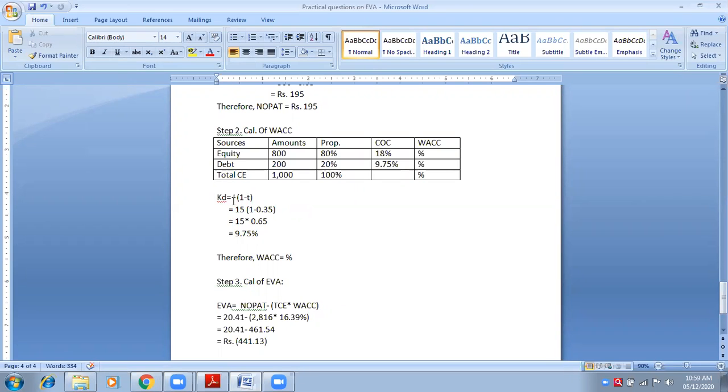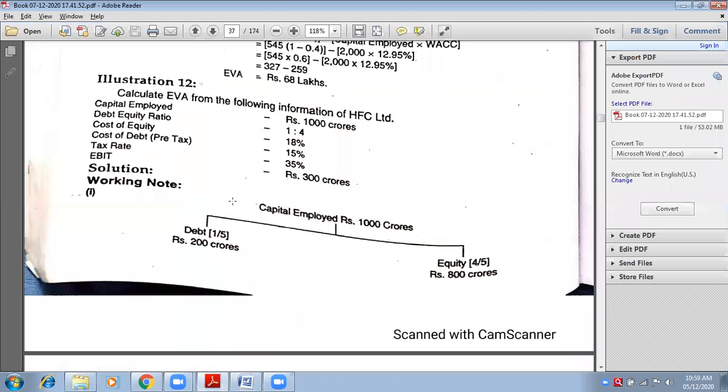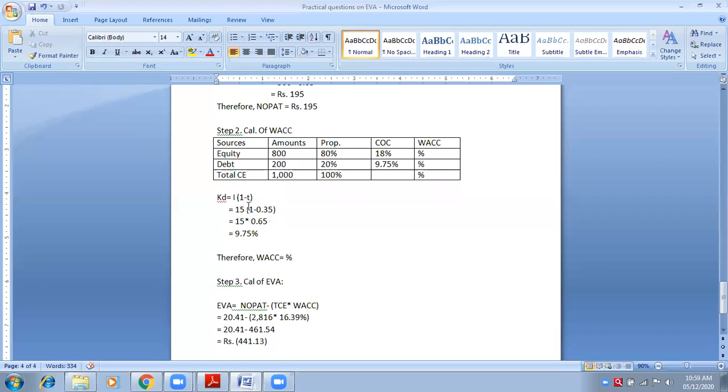What is I? I means cost of debt. What is cost of debt? 15%. 1 minus T, T is 0.35. So 1 minus 0.35 is 0.65. 0.65 into 15, the answer will be 9.75, which will be taken as cost of debt after tax.